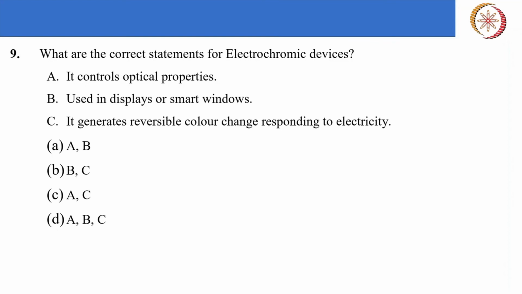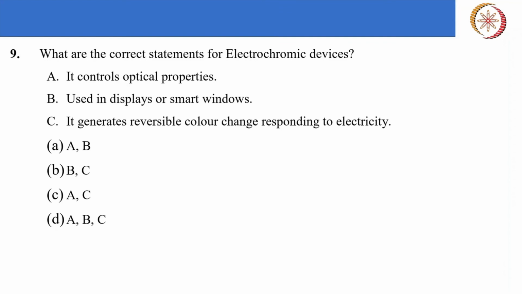So basically, an electrochromic device generates a reversible color change responding to electricity, which is a promising candidate for applications in displays, smart windows, and military camouflage.